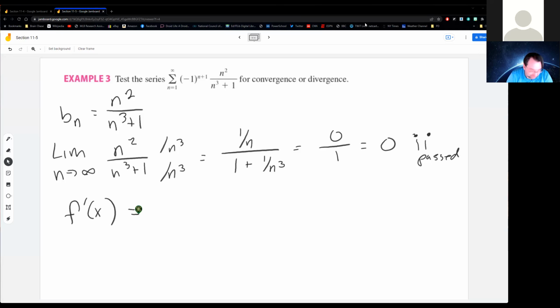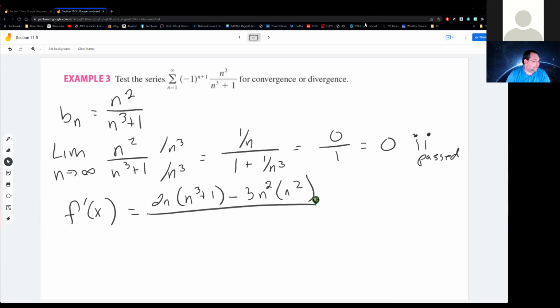So we've got 2n times the bottom, minus the derivative of the bottom times the top, all over the bottom squared.